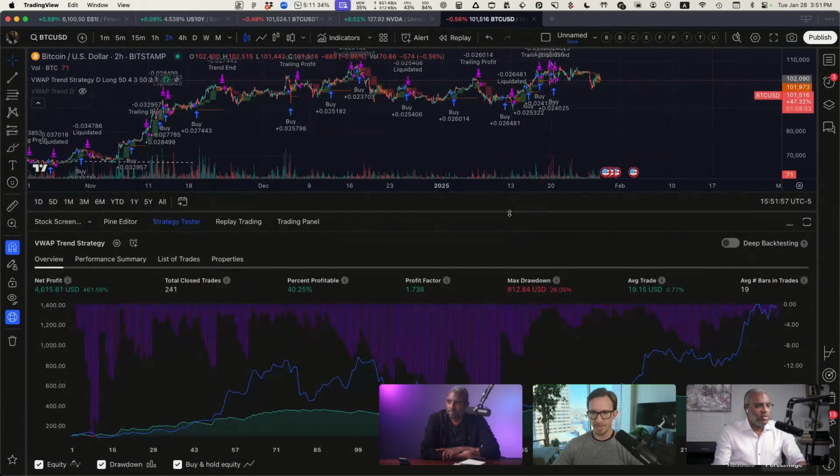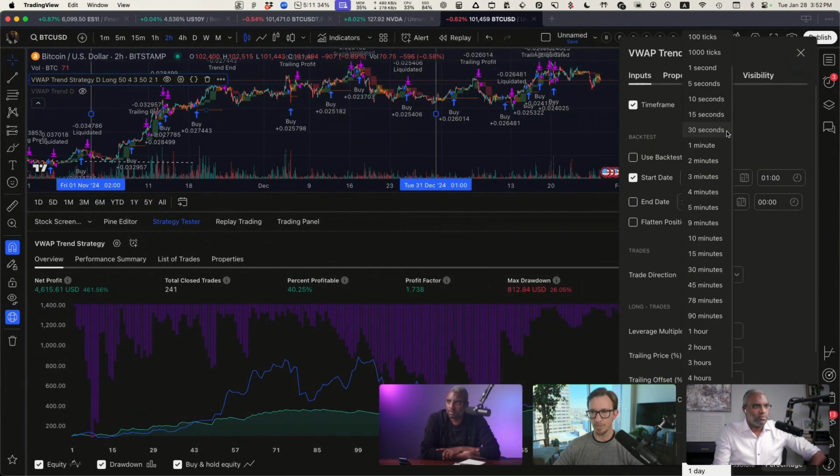So maybe one thing to cover right off the bat here is it's important to recognize that the strategy tester is just a simulation, which means that if you make any change to your strategy settings or indicator settings on the chart, that's going to change the performance of the historical backtest.